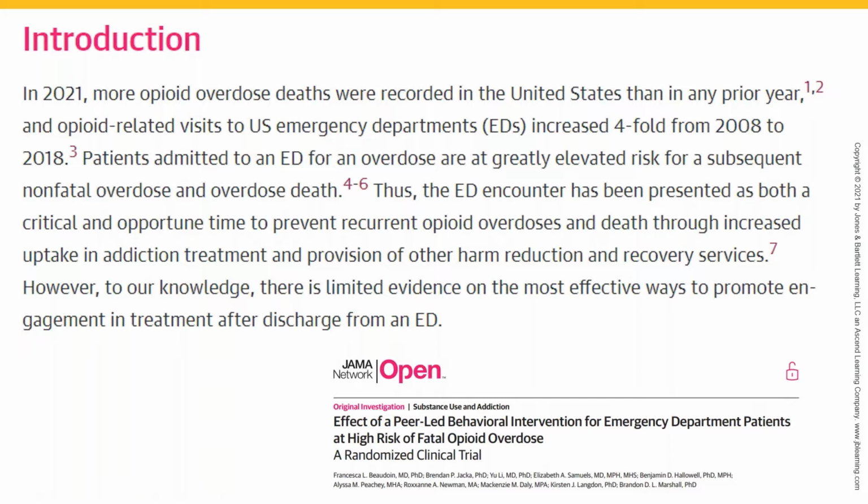So this was a study, and they're talking about opioid overdose deaths, which were in 2021 at the highest levels in the United States than any prior year. And so this particular study was looking at an intervention, and I'll show you the details of it in just a minute, an intervention that happens in the emergency department to try to link individuals at risk for substance use disorder to treatment.